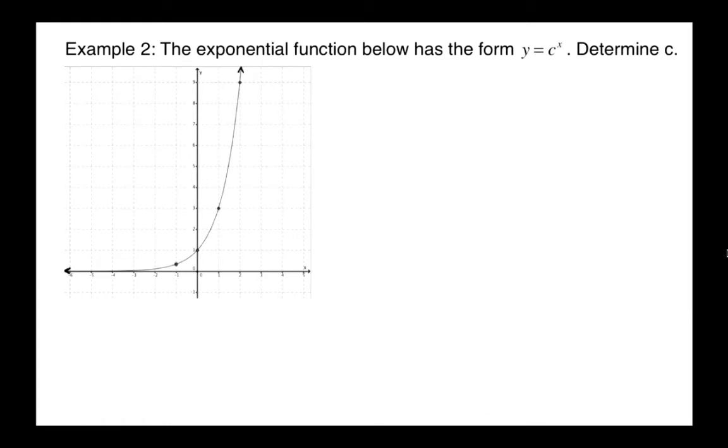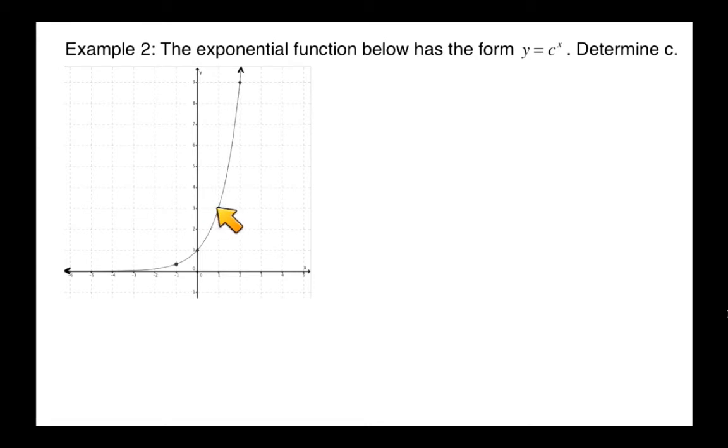So let's move on to another example. Now we're given a graph and we're being asked to determine what is the base here, which we're using the letter C for that variable. We notice that this is increasing, which means that C must be greater than 1. And the point that we want to look at in particular is when x is equal to 1, what is y equal to?